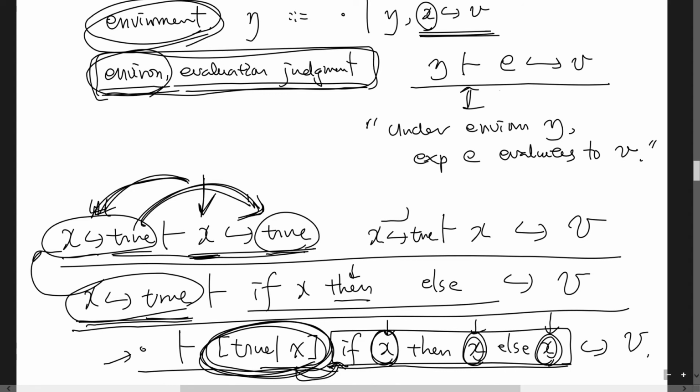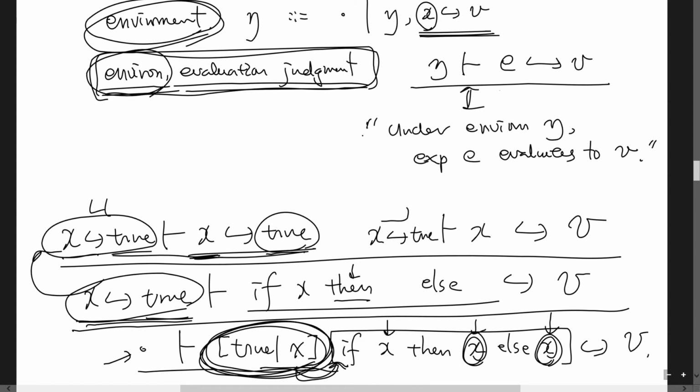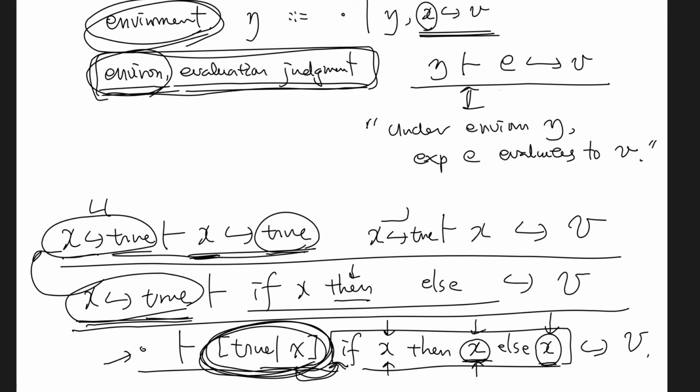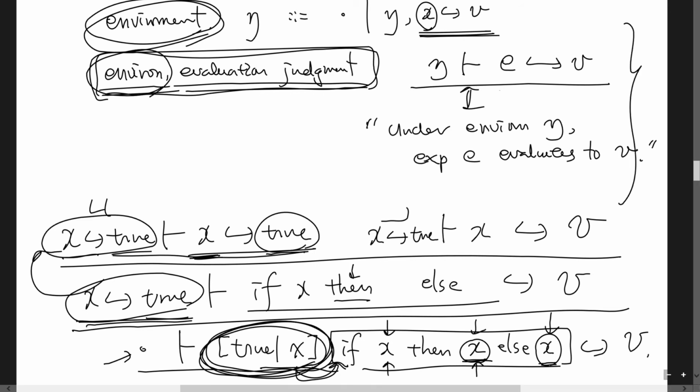In this particular example, this variable x is evaluated to true. So it turns out that we will later substitute true for this variable x, but we will never analyze this variable x. So we also gain some efficiency in evaluating the given expression by avoiding unnecessary substitution. That's the idea behind the environment and environment evaluation judgment.